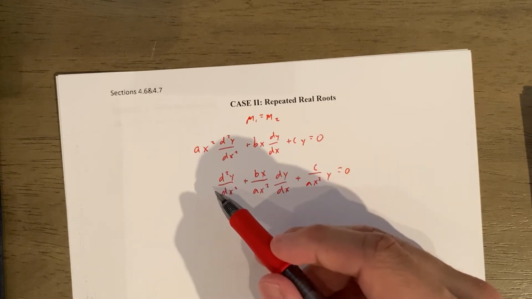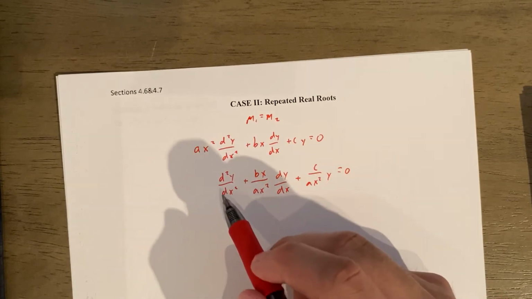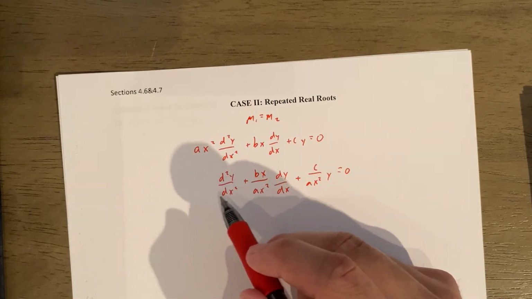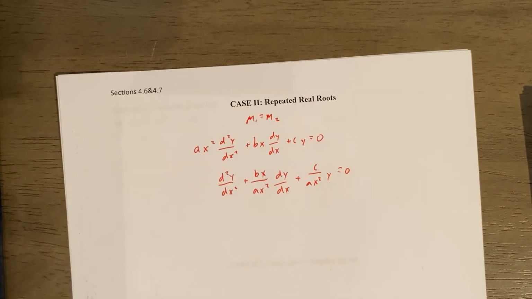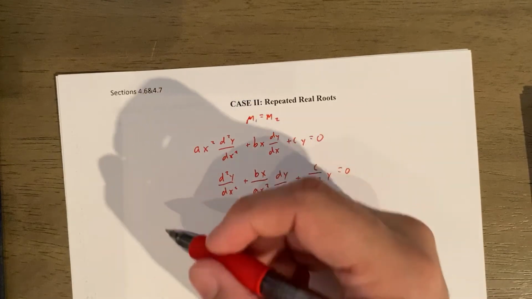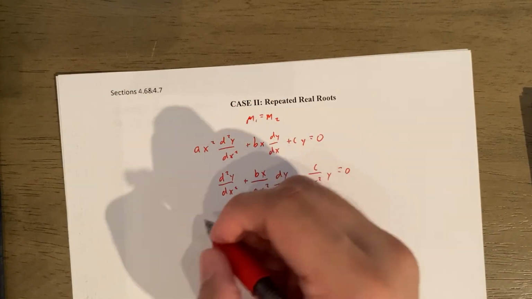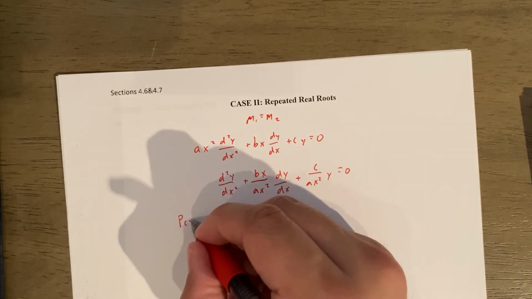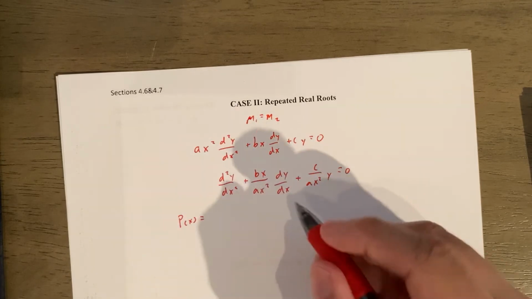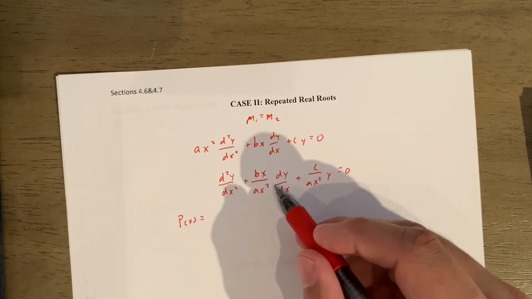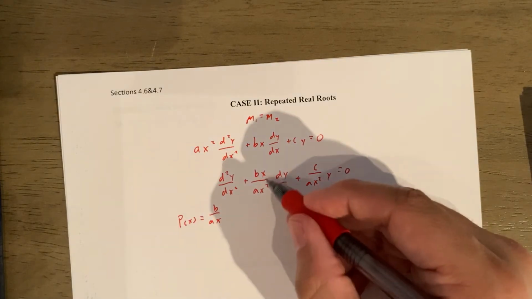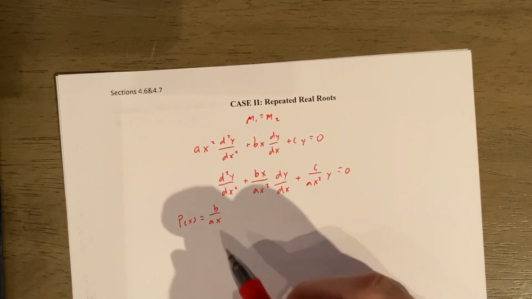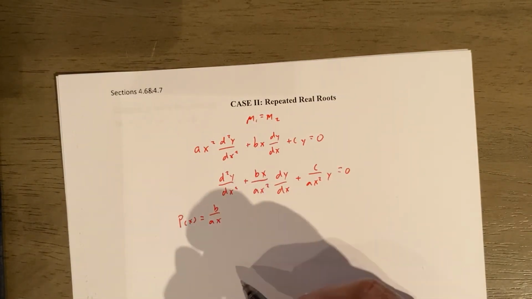I get my leading coefficient to be 1, so now it's a second order linear differential equation. And I can find my second m sub 1 using an integrating factor. In this case, the p of x is going to be b over ax, because the x's would cancel out. And then I'd use the integrating factor and solve for my y.